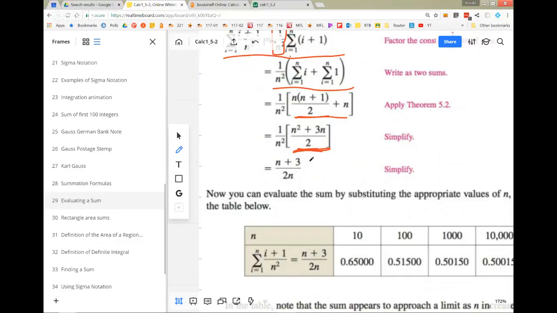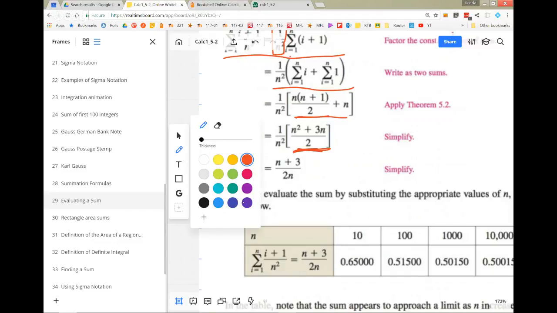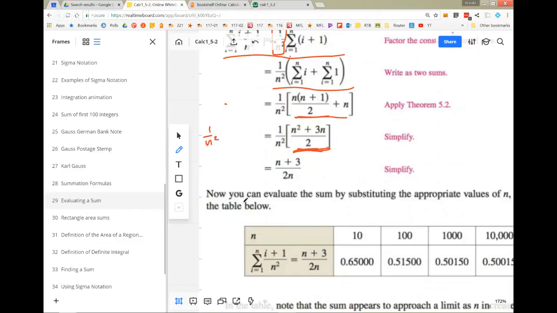You can take n squared divided into n squared, and that gives you, let's see. Here, let me do it this way. Just to demonstrate what they did there, that's algebra, but they took 1 over n squared, and then they took an n out of the top.